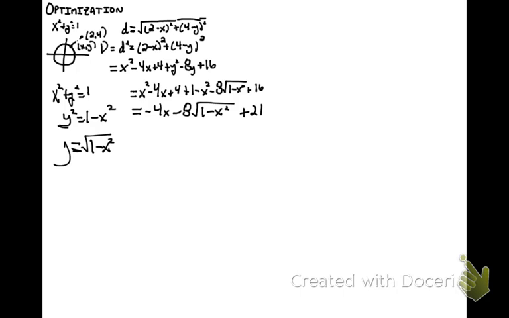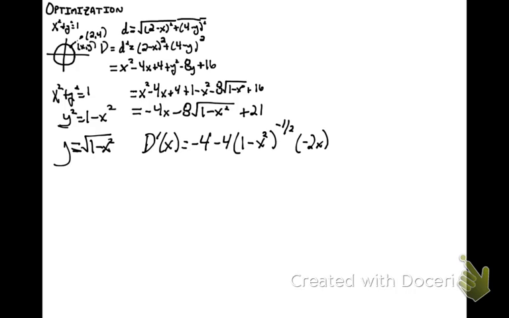We know that minimums occur when the derivative equals 0. So the derivative of d is equal to -4 minus 8 times 1/2 times (1 minus x squared) to the -1/2 power times -2x by the chain rule.